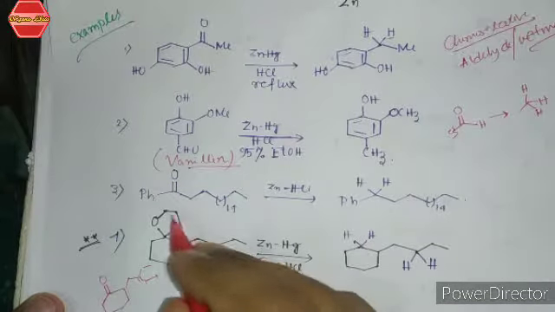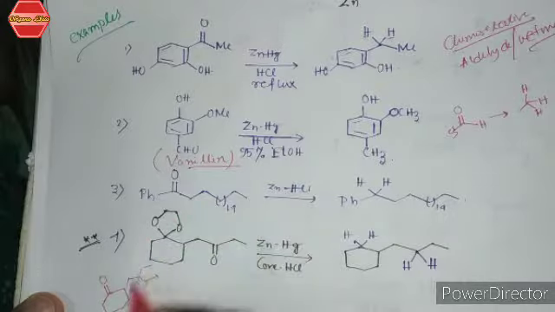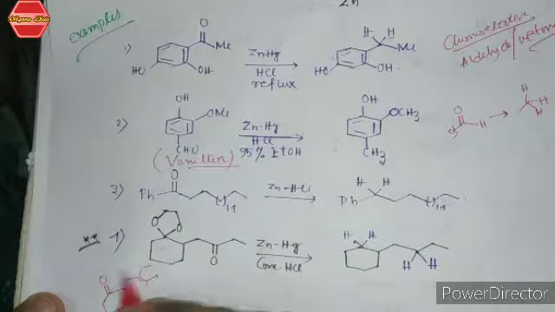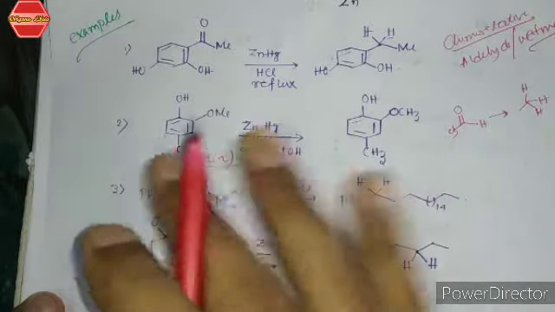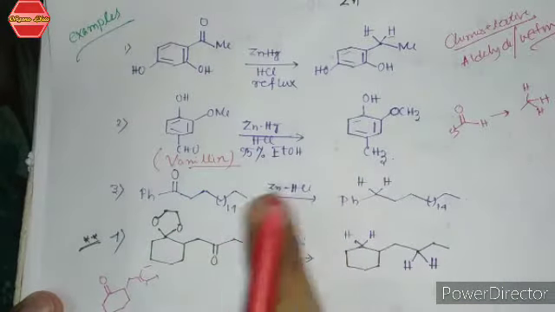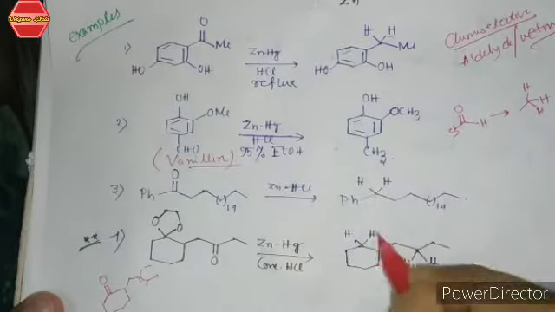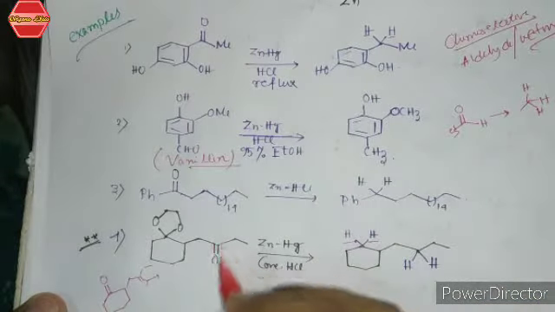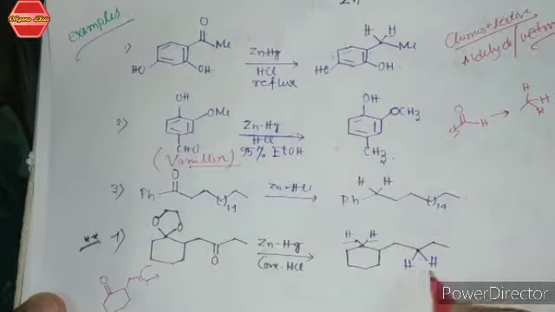So in presence of acid, the acetal bonds are cleaved to this ketone, and this ketone is further reduced by this zinc amalgam. Now here is your 2 hydrogens like here, and this ketone is also reduced, so here is 2 hydrogens.